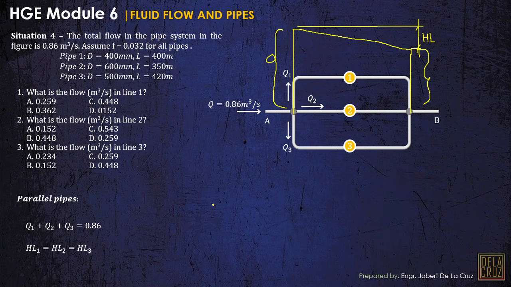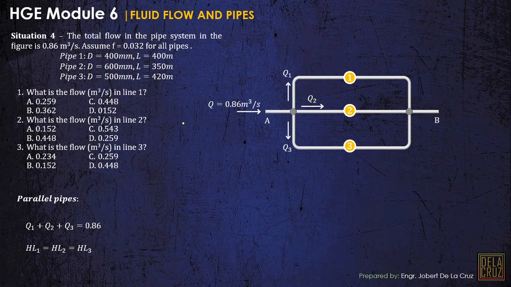Sige, so let's continue. Now, how can we solve the value of discharge on each pipe? Now, remember that we can use this formula, the head loss formula in Darcy-Weisbach. Again, this is for the metric system lang. Now, as we can see, the head loss here is constant, but the discharge is not constant between these three corresponding lines.